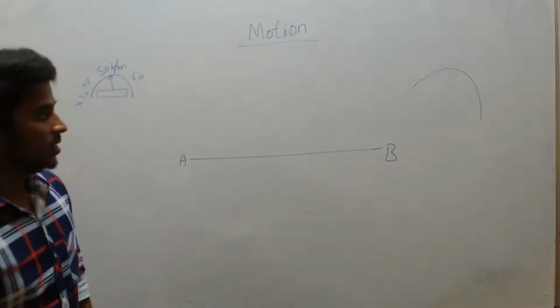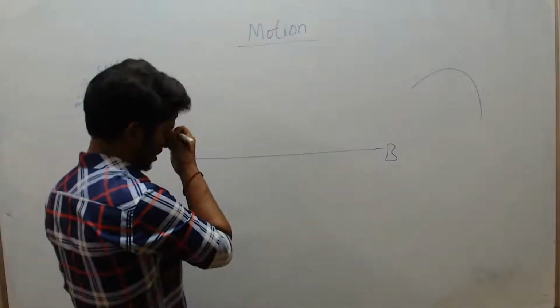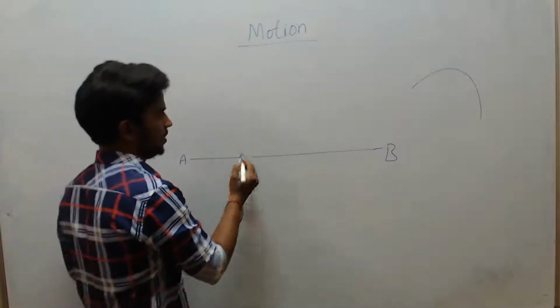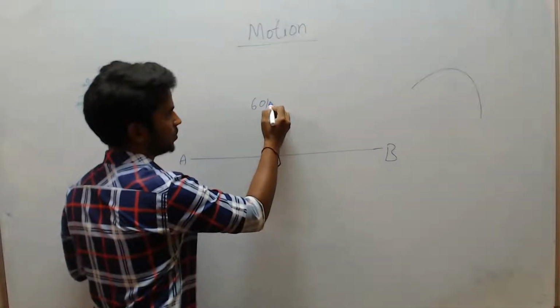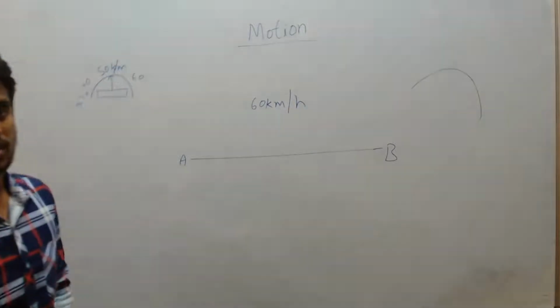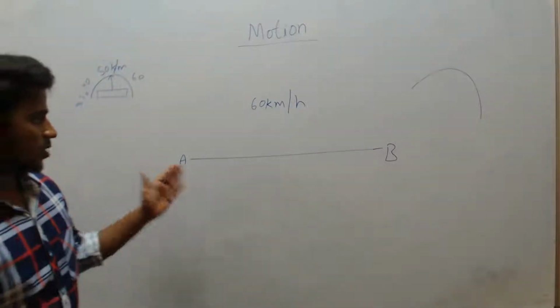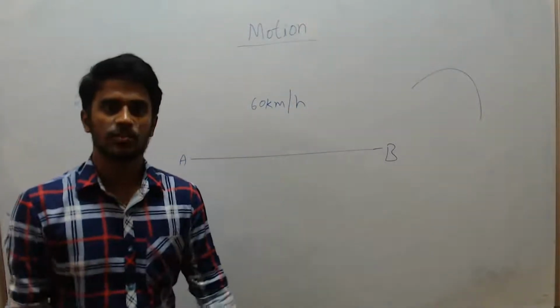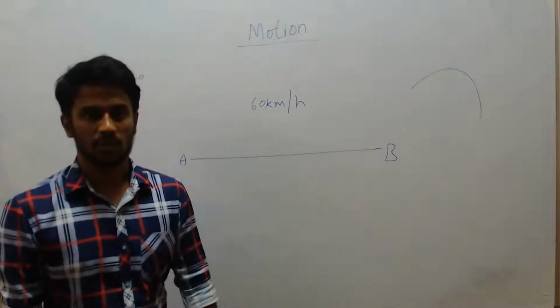Now just imagine one object is traveling and its speed is 60 kilometer per hour. I will say that the object traveled A to B and its speed is 60 kilometer per hour.